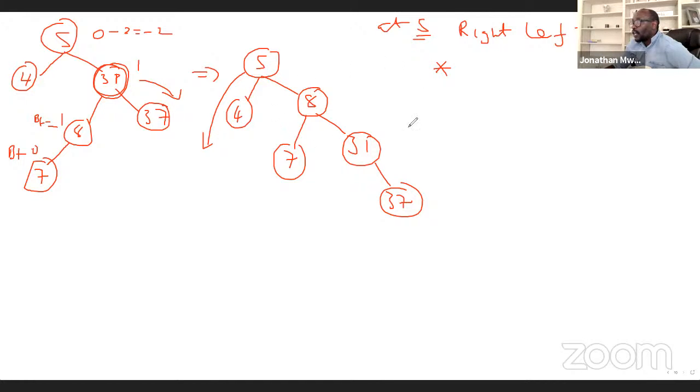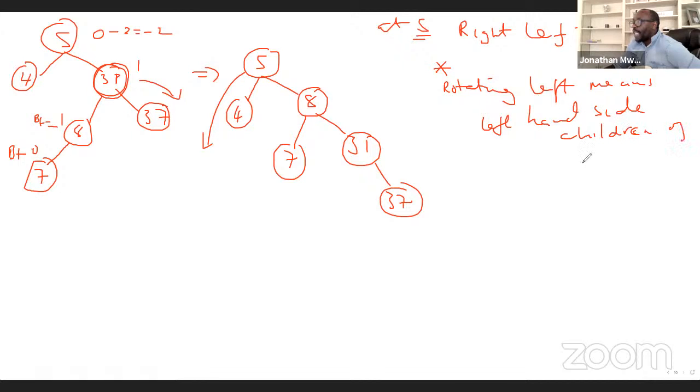When you are rotating this child, rotating left means left hand side children of the right child become children of the parent node.